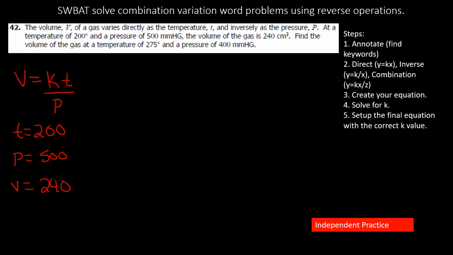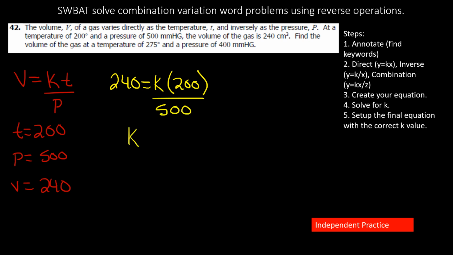Okay, so we're going to use all this to find K, and then they'll give us new parameters. So let's go ahead and set up our equation to solve for K. We're going to say 240 equals K times 200 over 500.